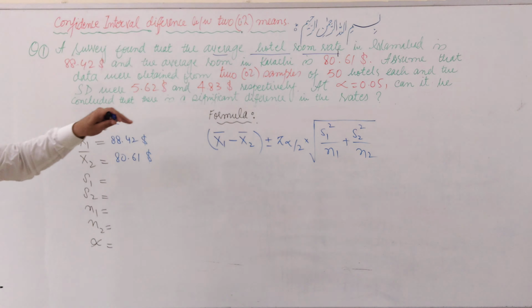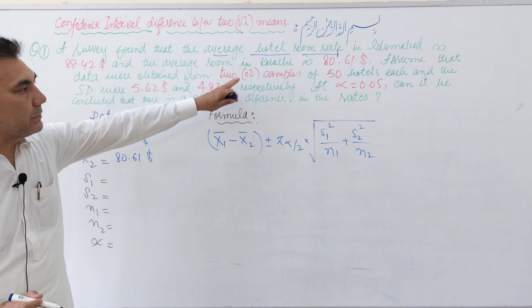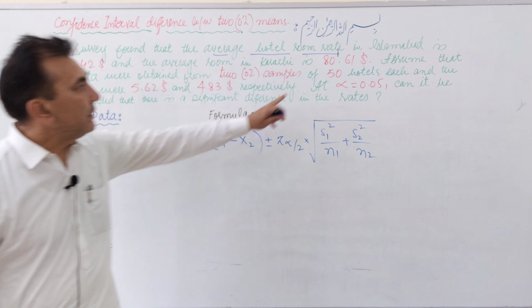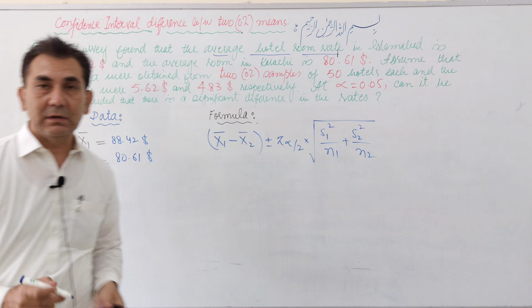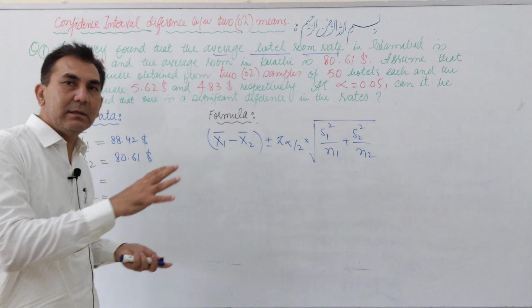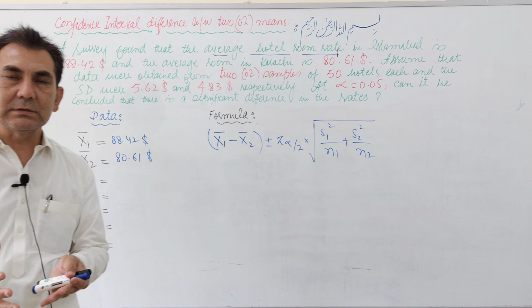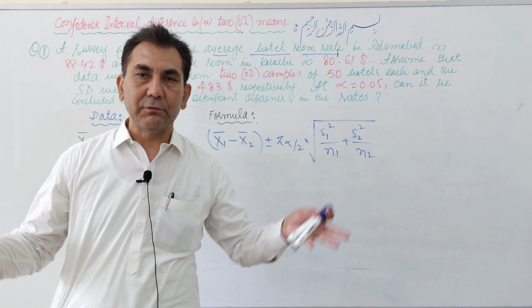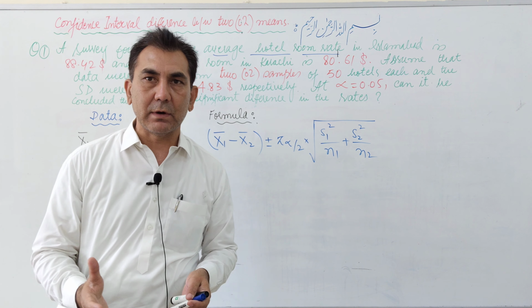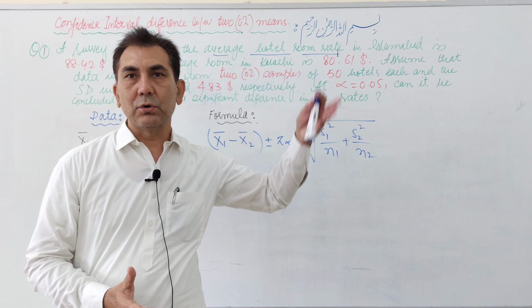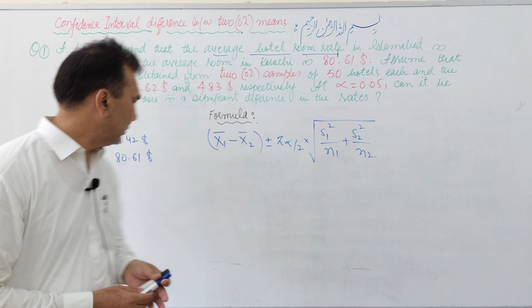Now assume that the data were obtained from two samples of 50 hotels each. For this survey, they selected 50 hotels from each city: 50 hotels from Islamabad and 50 hotels from Karachi.